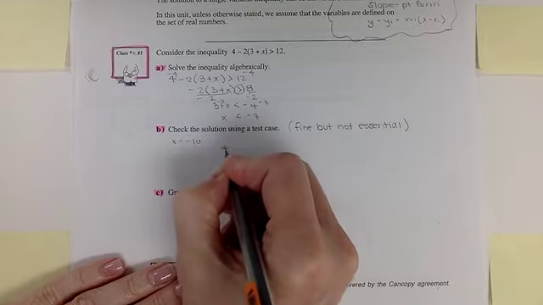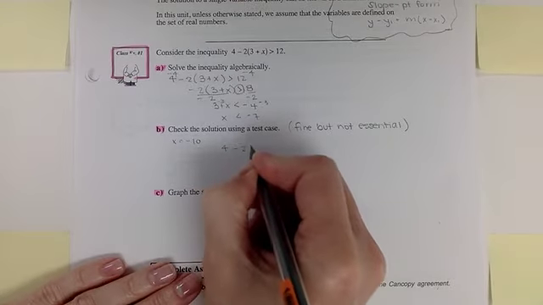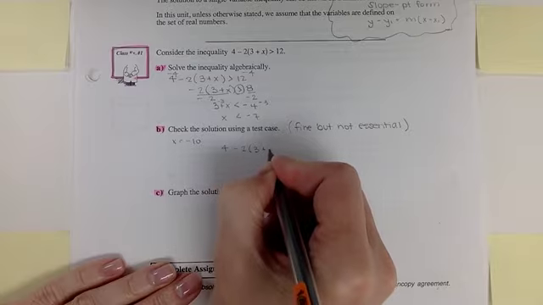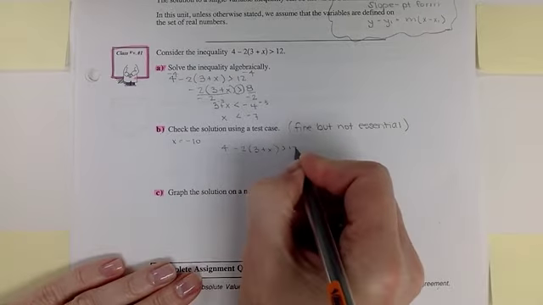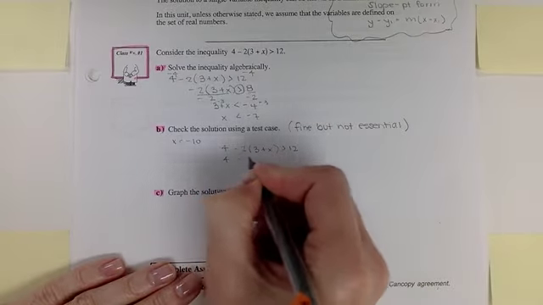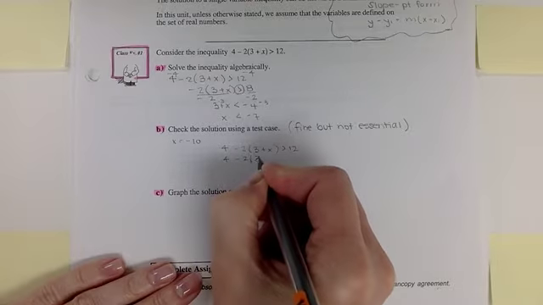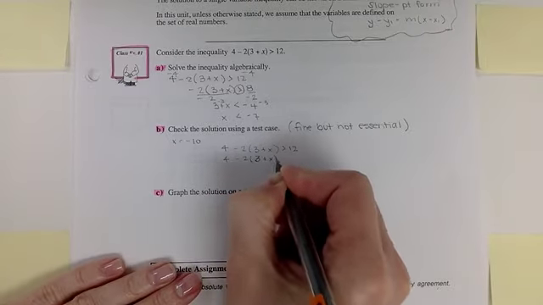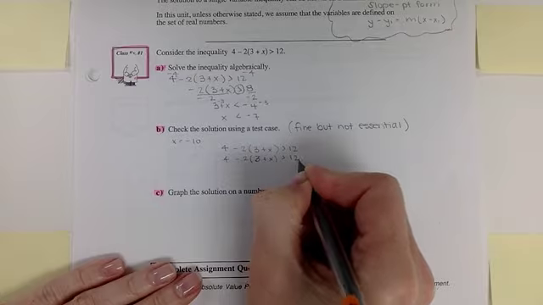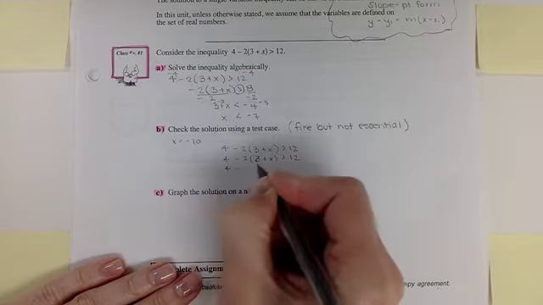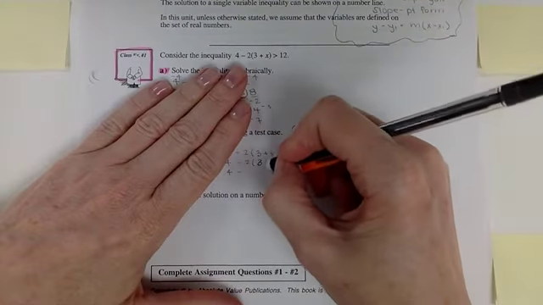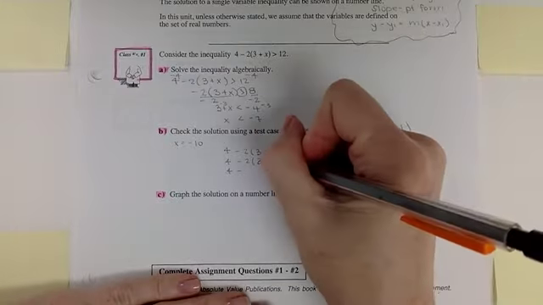So back to our original inequality, 4 minus 2 bracket 3 plus x is greater than 12. And now we substitute that in. So minus 2, 3 plus x is greater than 12. 4 minus, whoops, that was supposed to be the 10 going in there.